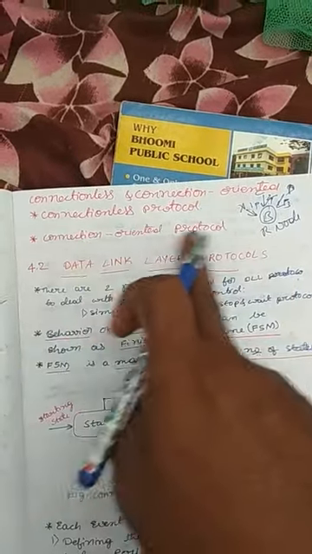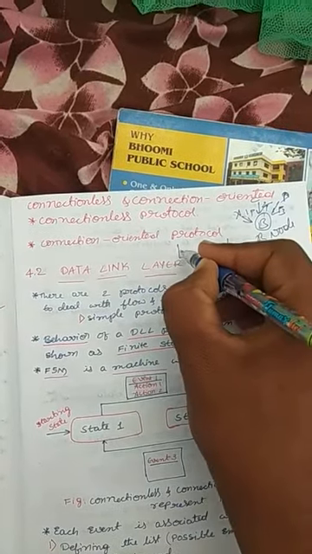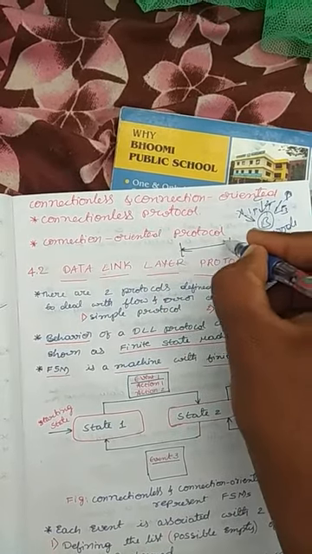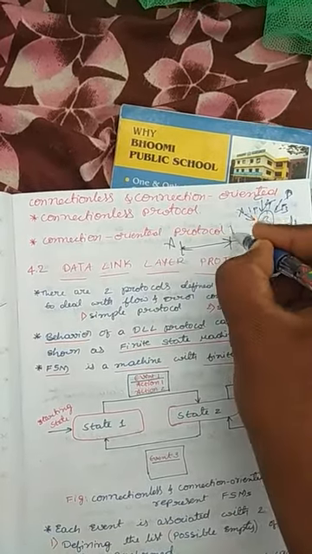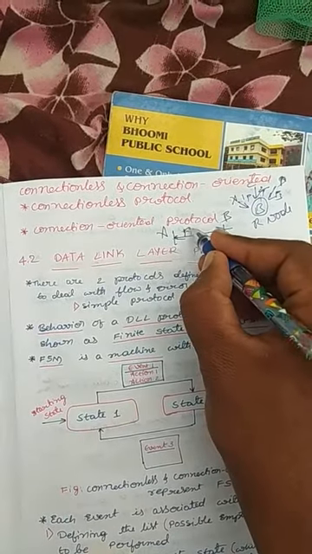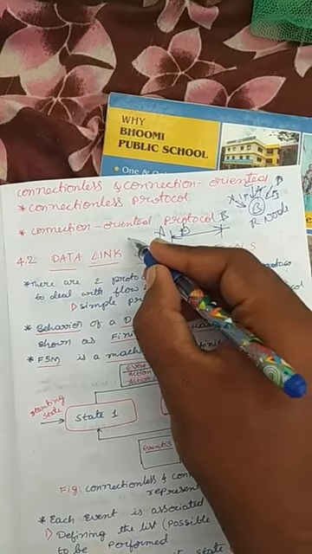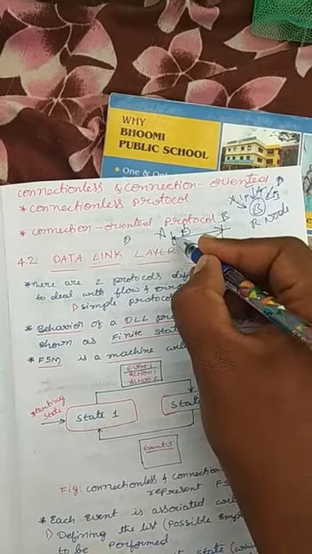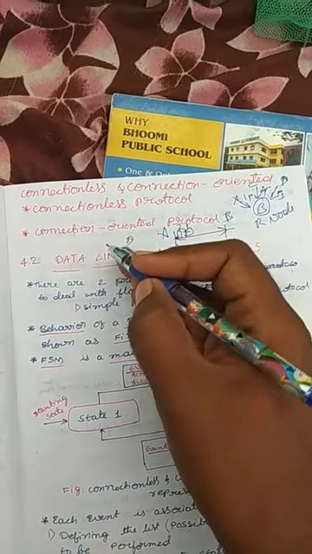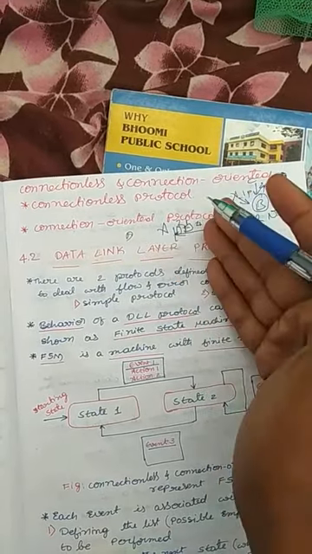Here, in connection oriented protocol, before communication there should be a connection between A and B nodes. Here frame 1 is related to message D, frame 2 is also related to message D, means there is a number for each of the frames.